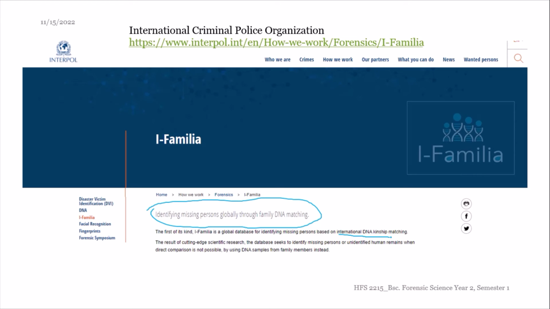People and organizations across the world will contribute DNA to this database so that, in the eventuality of missing people and unidentified human remains, we have comparison using DNA samples from family members, so that we can see if the people that are missing or identified can be connected to their families across the world.